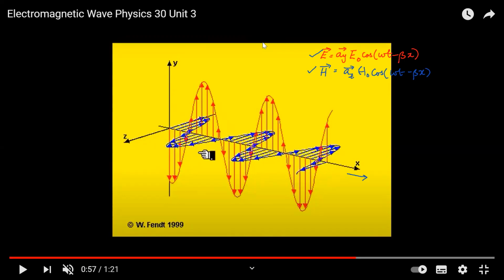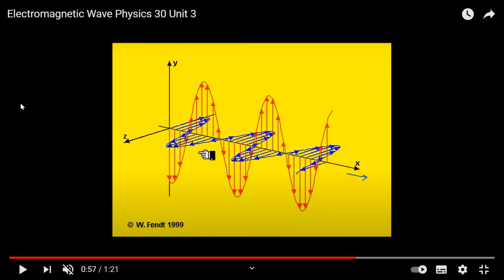Okay, now there is one more thing, guys, which I wanted to tell you. This is called the plane wave. So what does plane wave mean? See, what we are doing here is looking at it as a sinusoid, right?